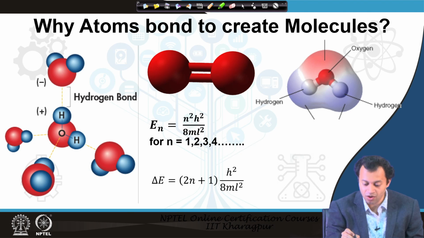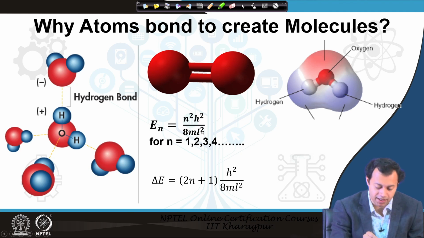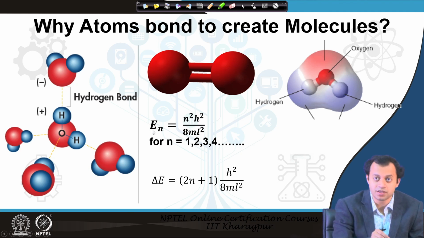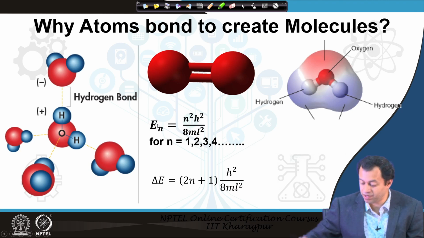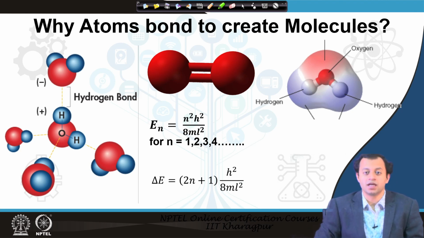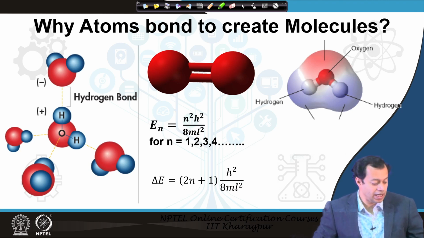See this particular image here: the electron which was previously surrounding only the hydrogen nucleus, or only the oxygen nucleus, now has all this path to move around, thereby L increases, E reduces. That is the fundamental aspect of why atoms create molecules. Several of you knew it already, but maybe the interpretation that I give is slightly different.